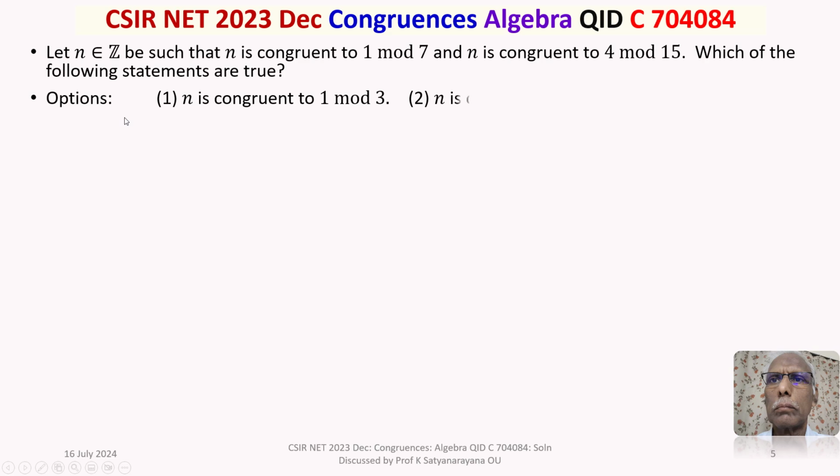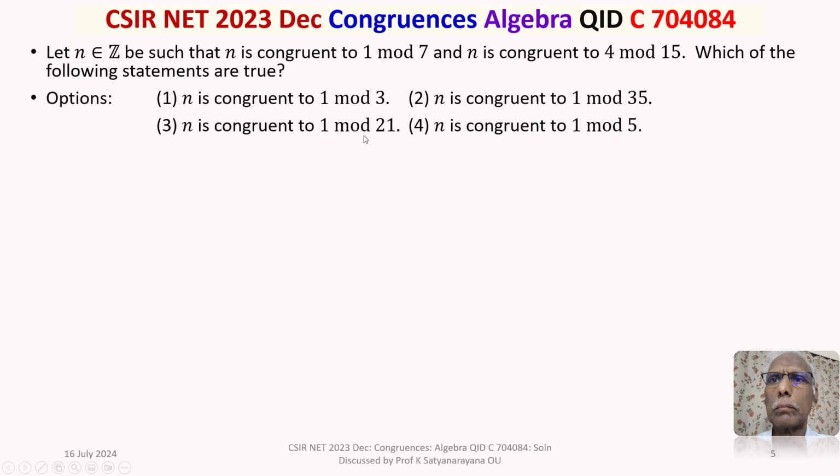We are given 4 options. Option 1, n is congruent to 1 mod 3. Option 2, n is congruent to 1 mod 35. Option 3, n is congruent to 1 mod 21. Option 4, n is congruent to 1 mod 5.